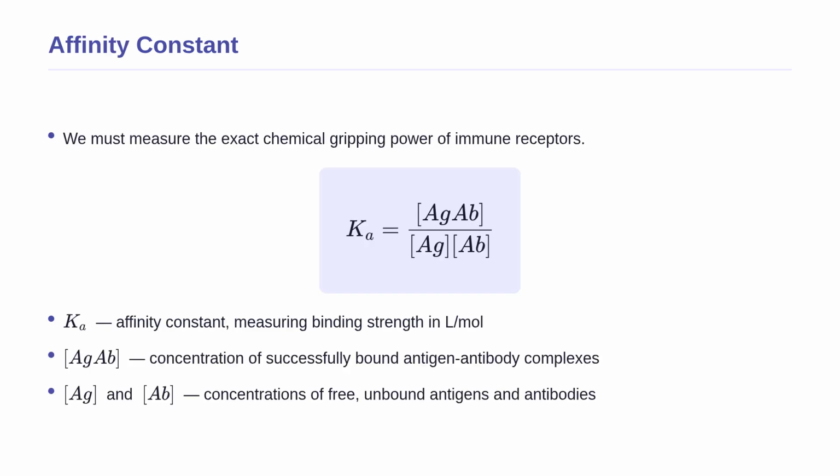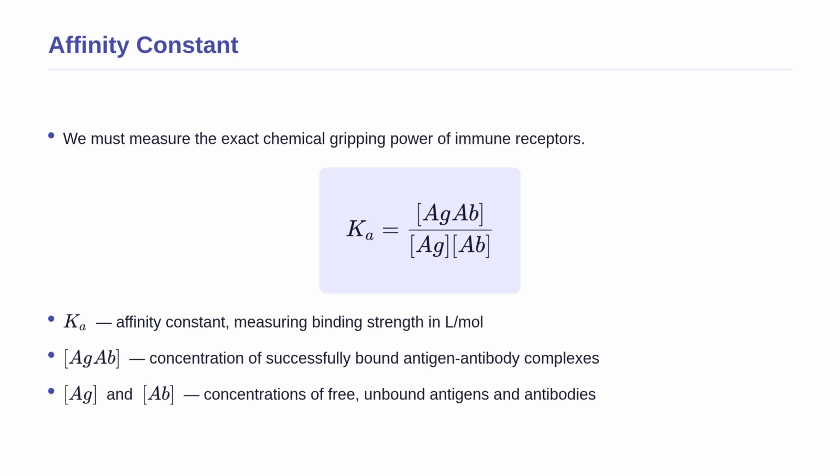Now that we understand what an antigen is conceptually, let us look at how it interacts with the immune system chemically. When an antigen bumps into an antibody, they bind together. We measure the exact strength of this grip using the affinity constant, denoted as K sub A. Conceptually, this formula calculates the ratio of successfully bound pairs to the free-floating molecules that failed to bind.